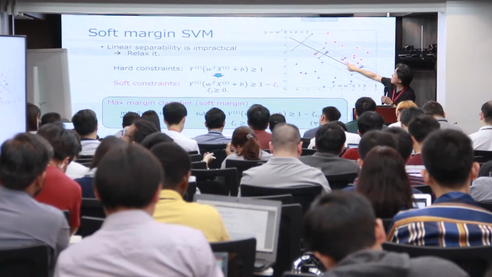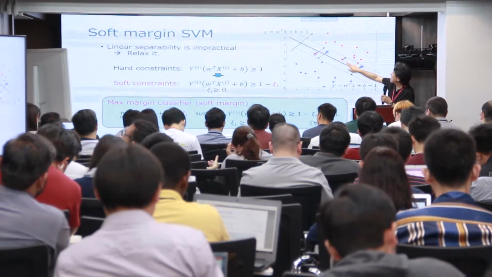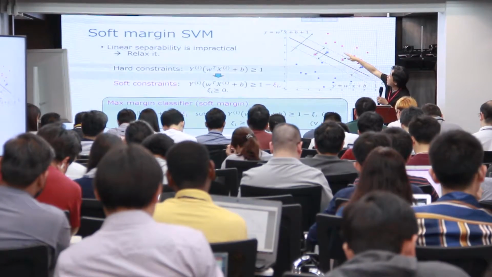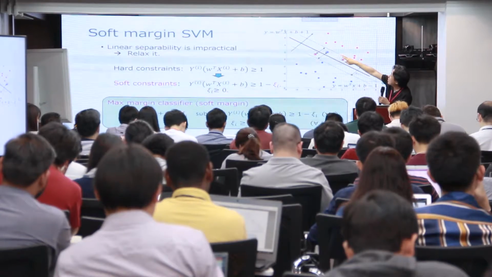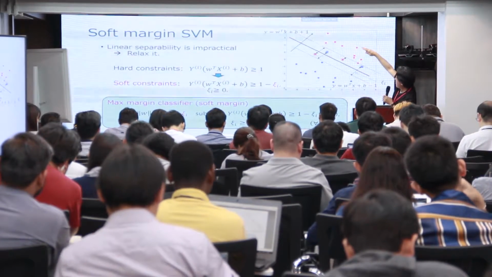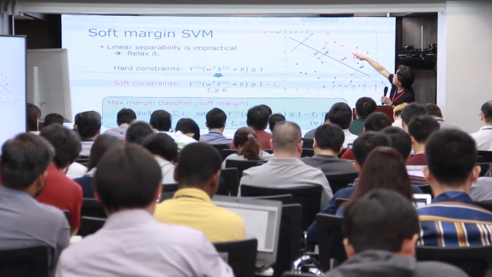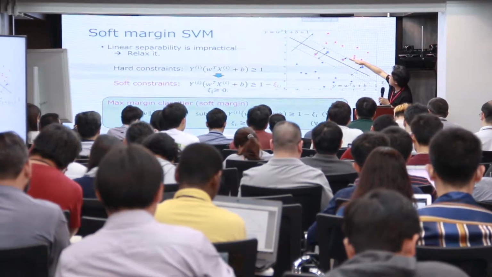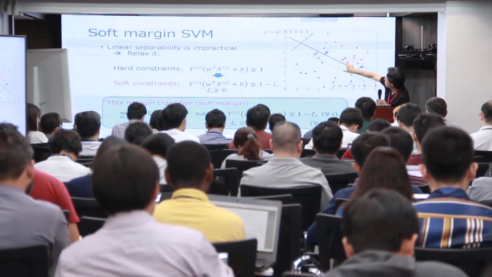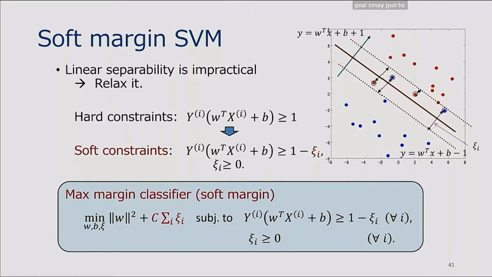I can explain it in this figure. This red point is within the region given by wx plus b, in this case, minus 1 probably. And this one is within this region. So this breaks the inequality, and Xi should be positive in that case.